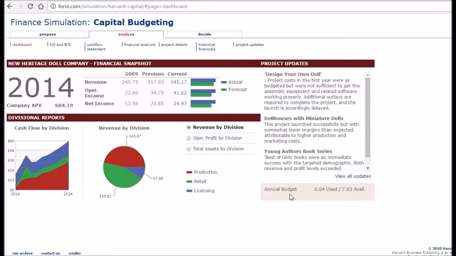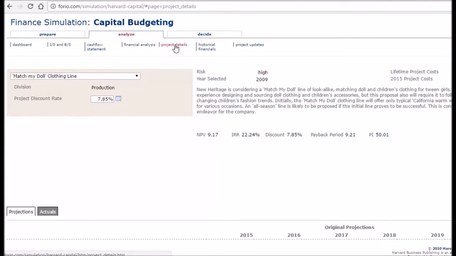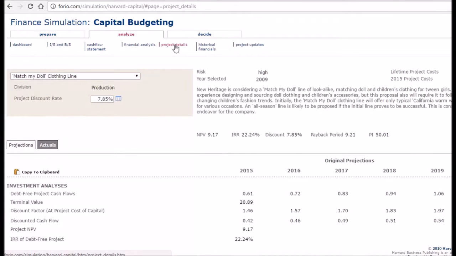So as for interpreting my investments, I definitely looked at the NPV first. So I guess we'll go back to the project details. I wanted to see which projects would benefit me the most. So then I looked at the internal rate of return to determine how profitable each project was going to be.